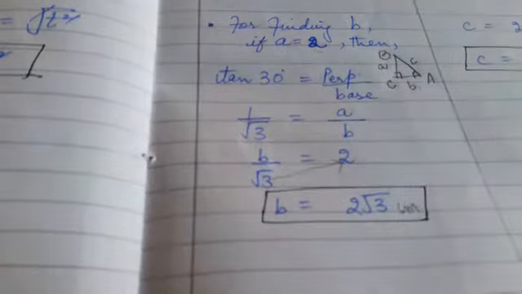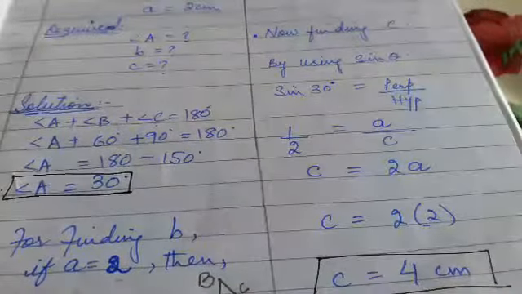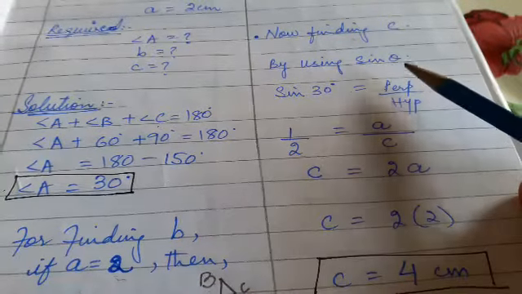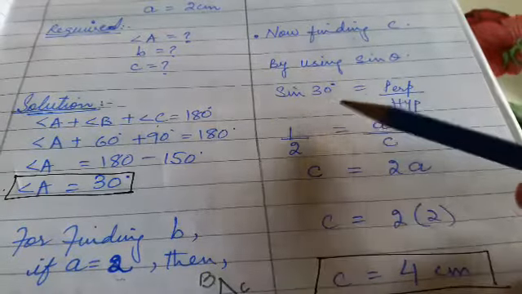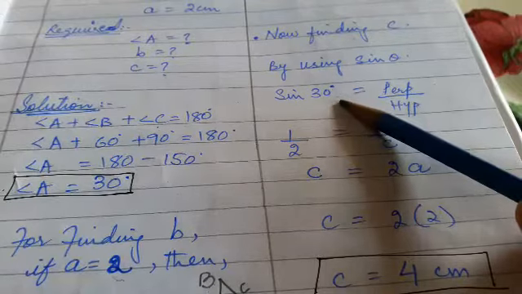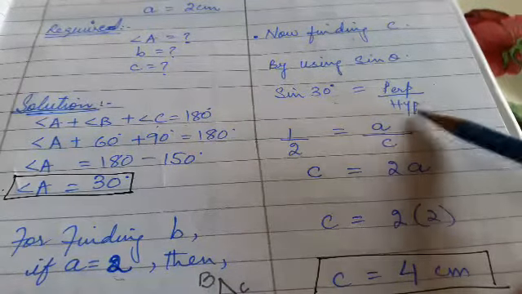Now we are coming to the third side. Now we have to find side C by using sine theta. Now it's up to us whether for the hypotenuse we use sine 30 or cos 30, because we have both the values of perpendicular and base, but we just want to calculate the hypotenuse.